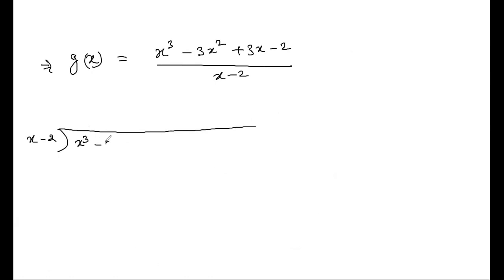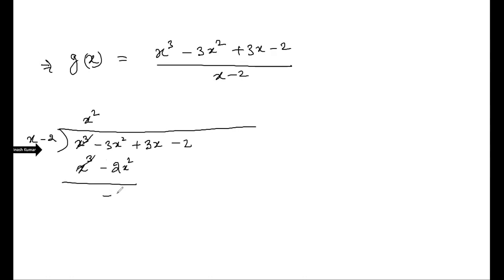So x cube minus 3x square plus 3x minus 2. By which one shall I divide? By x square. So I have to do here x cube and minus 2x square, so it will be cancelled. What will I be left with?